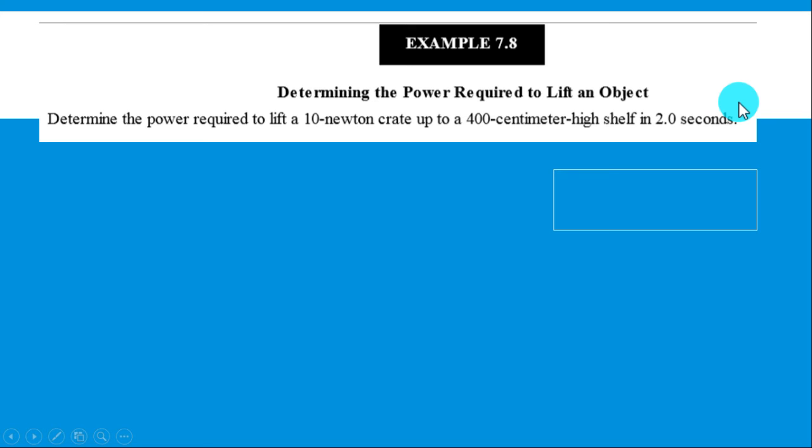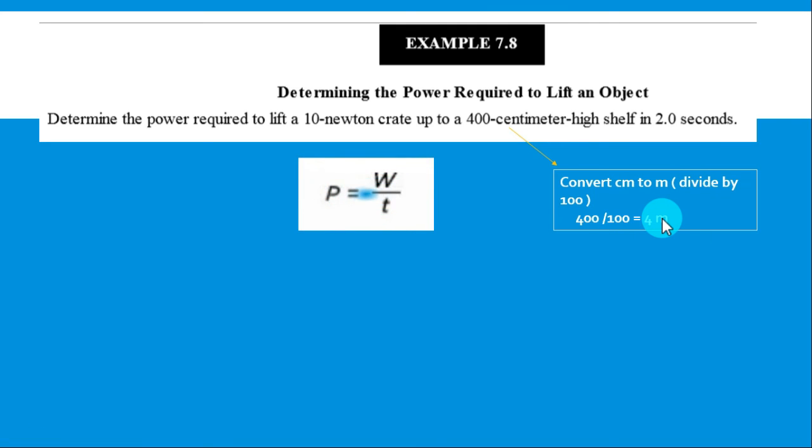So it's easy. What am I going to do? Power equals work over time. But the first step, we have to convert centimeter to meter. How? By dividing by 100. So the answer is 4 meter. This is the first step. The second step, write the formula. Power equals work over time.